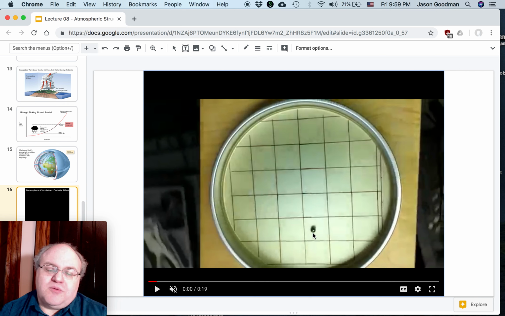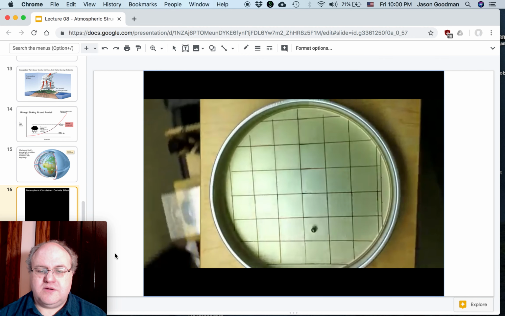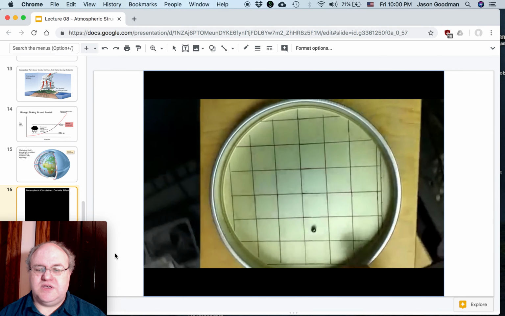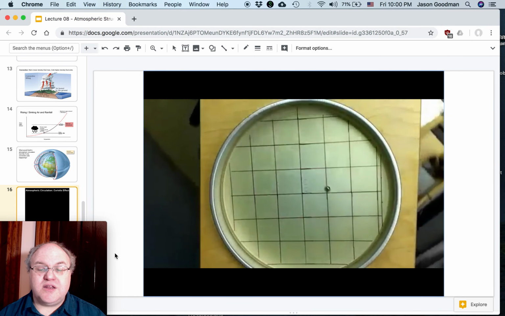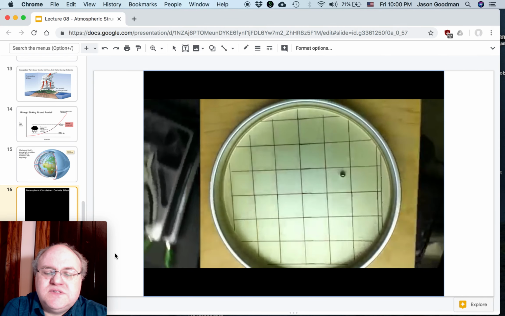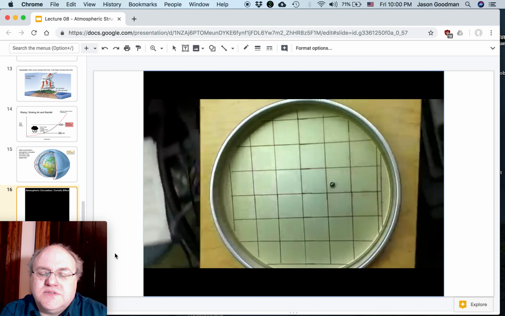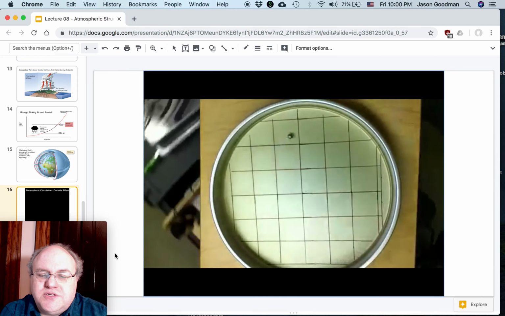And I've also got a little marble here. And what I'm going to do is roll the marble across the tabletop, across the pie pan, and watch what happens. Right, so you see, give it a push, and it doesn't go straight. It starts making curves. It spins and turns to its right, making clockwise circles. Let me give it another push.